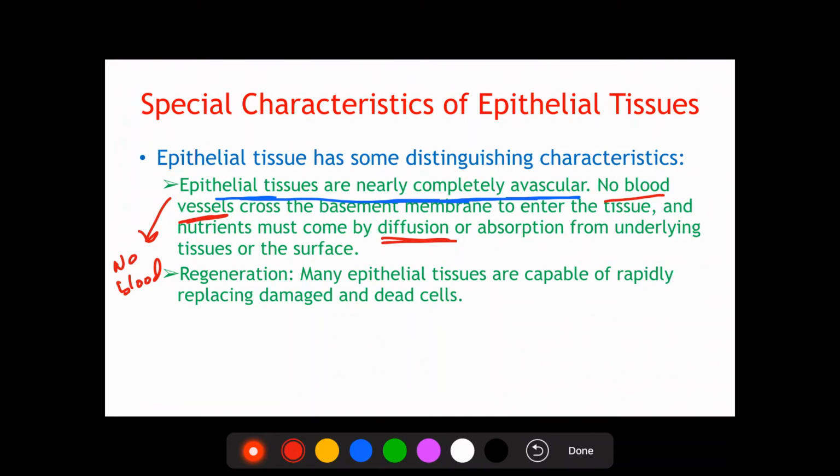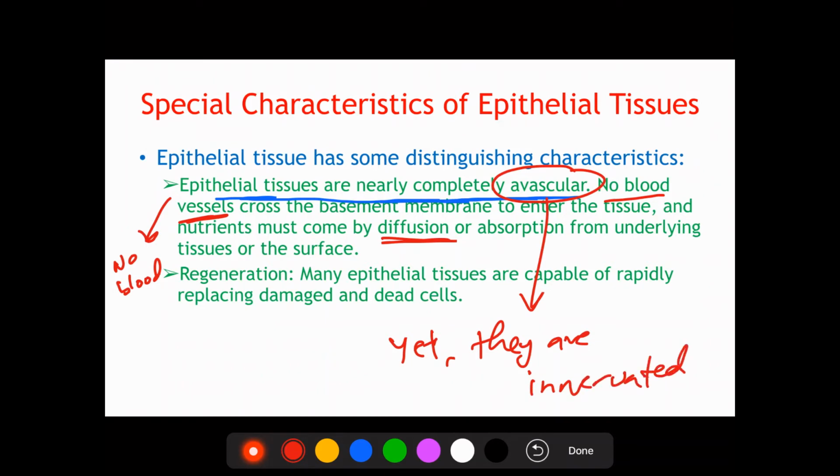However, with that being said, they are avascular, however they are innervated. What does innervated mean? It means they have nerve supplies. So there are nerves running within the epithelial tissue. That's why we feel pain, for example. Okay? So this is the third one.